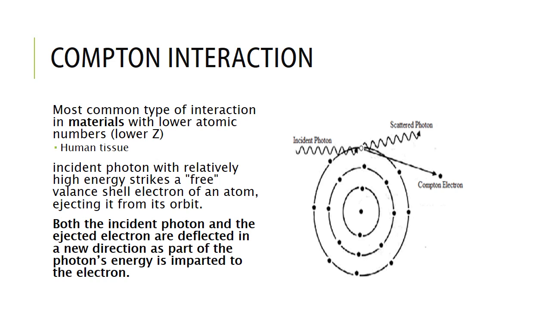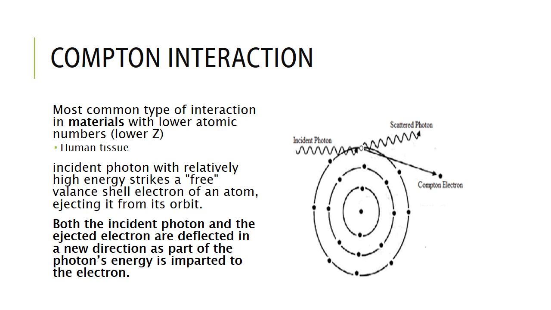So you have a very high energy photon coming in, and it smacks into an electron and knocks that electron out of its shell. But then that incident photon also loses some of its energy because it transfers it to that knocked out electron, or the Compton electron, so to speak, and that incident photon is now scattered in a different direction and has a much lower energy than what it started out with.